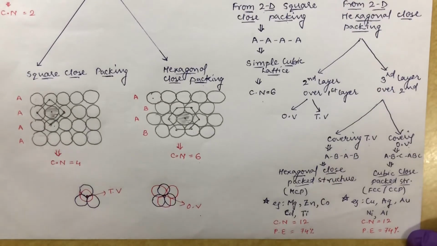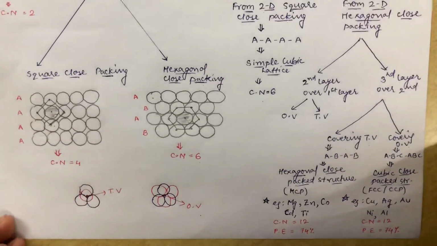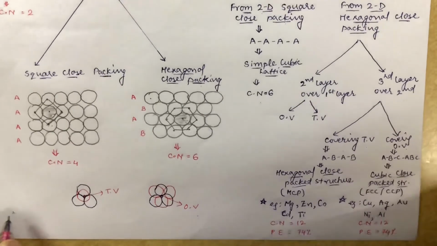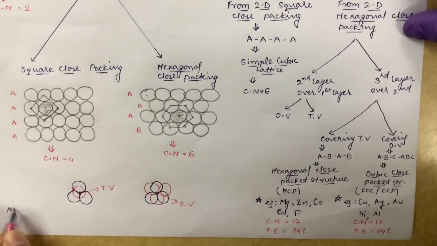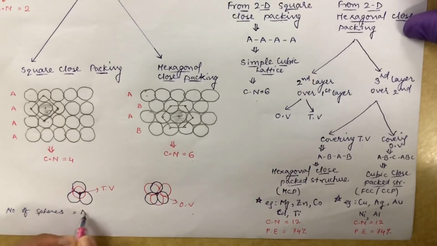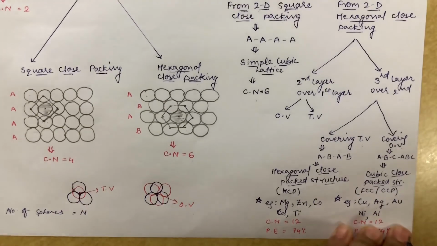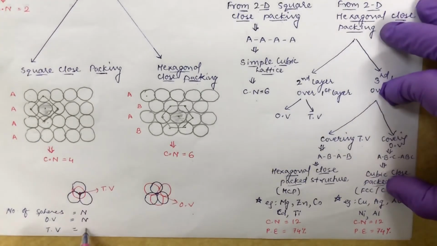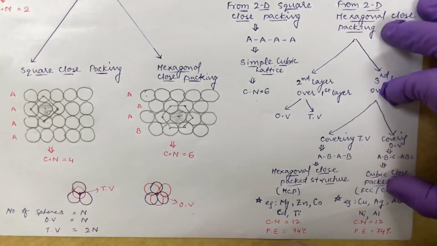So that is all about close packed structures, students. Now I wish to convey one note here. Suppose you have n spheres in a particular cubic arrangement, then it is said that the number of octahedral voids generated would also be n, and the tetrahedral voids would be double the number of octahedral voids.